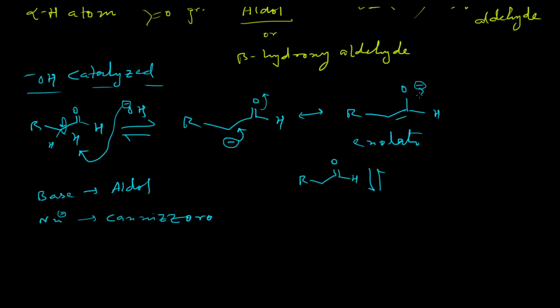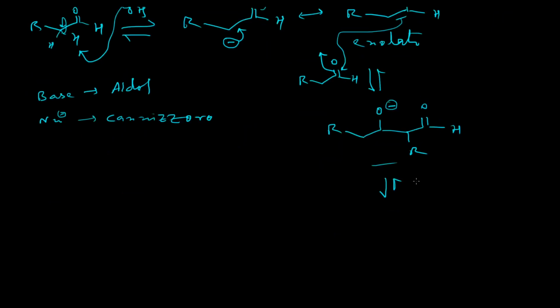So in the second step, this enolate will attack this carbonyl center, and this will give rise to this intermediate. Then it will abstract a proton from the water molecule which is present in the reaction mixture, and this will result in the formation of the aldol molecule, or beta hydroxyaldehyde.